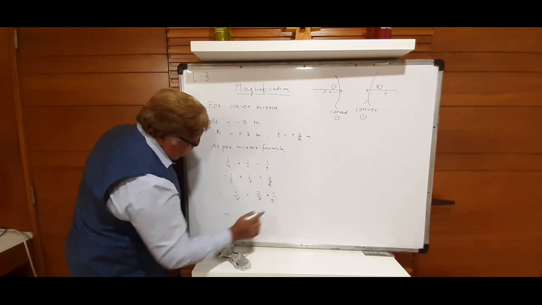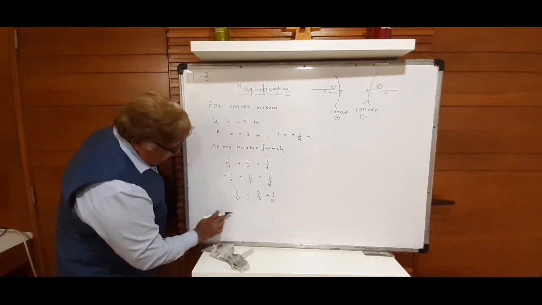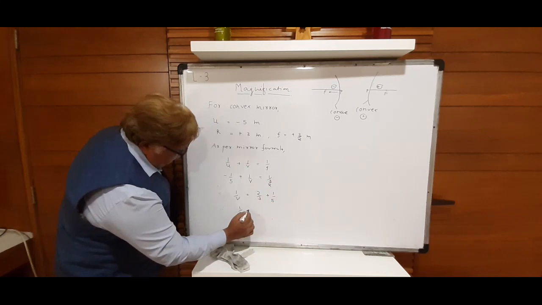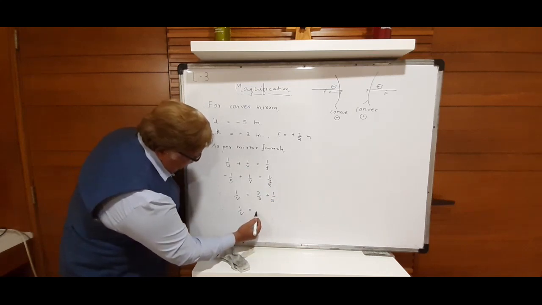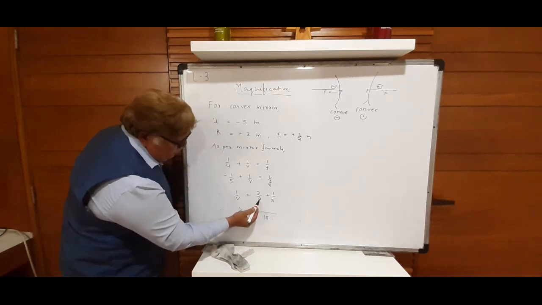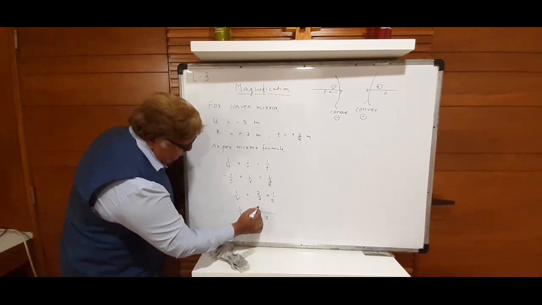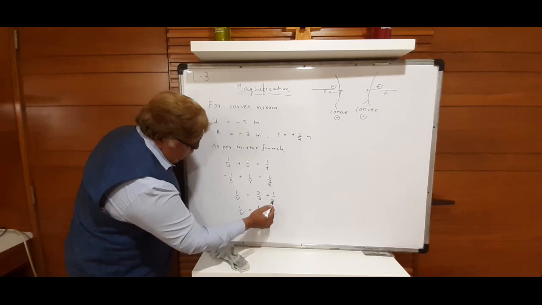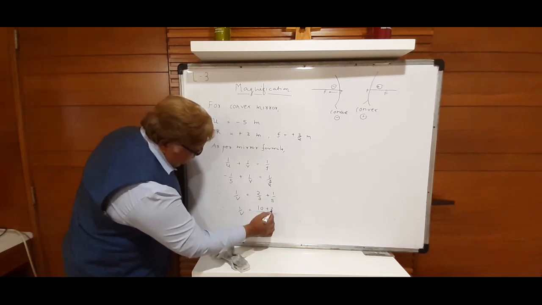Let us take the LCM. 1 upon v equals, if I take 15 as LCM, 3 times 5 is 15, so 5 times 2 is 10, and 5 times 3 is 15, so here is 3.